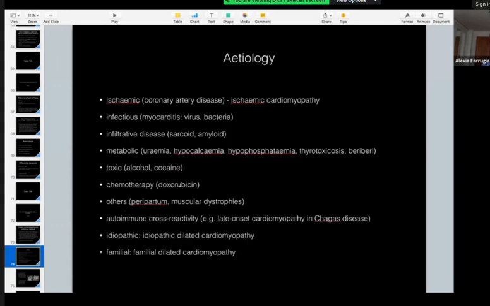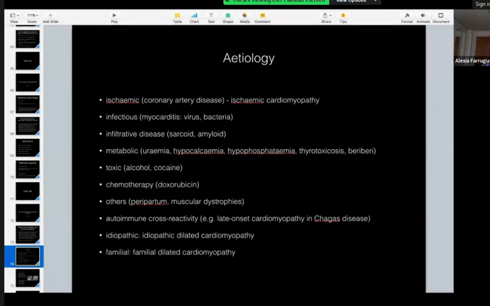There are many causes. It could be ischemic in the presence of coronary artery disease, ischemic cardiomyopathy, could be infectious, post-myocarditis, could be due to an infiltrative disease of the myocardium, sarcoid, amyloid, metabolic, toxic, alcohol misuse, cocaine, secondary to chemotherapy.